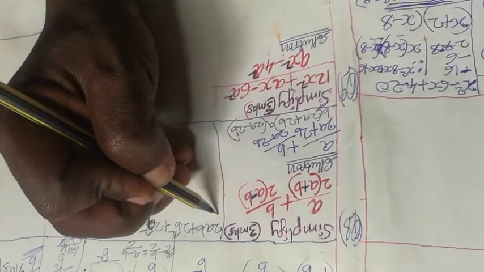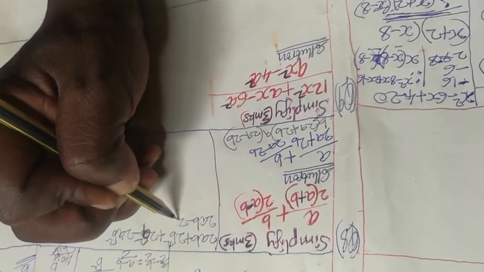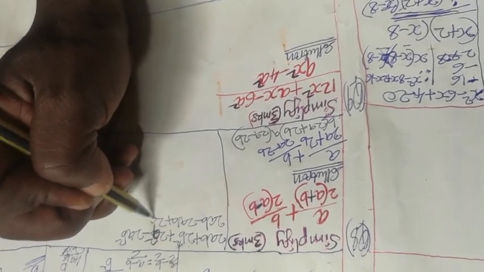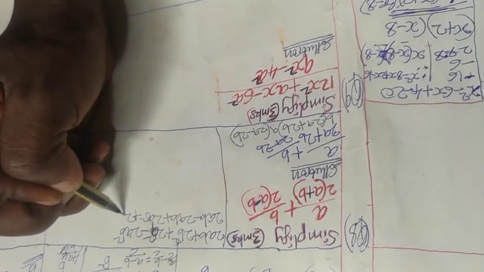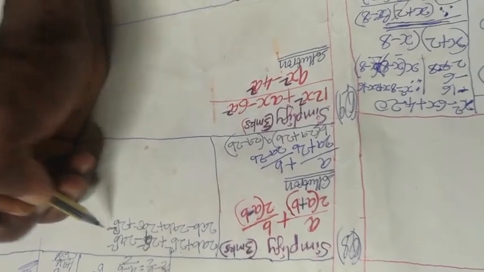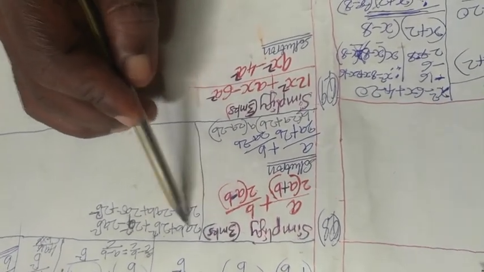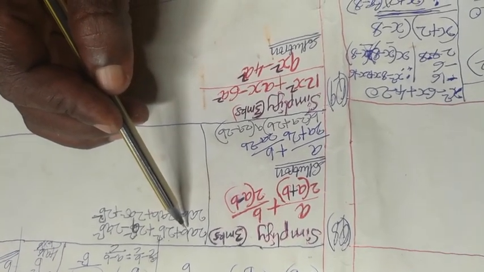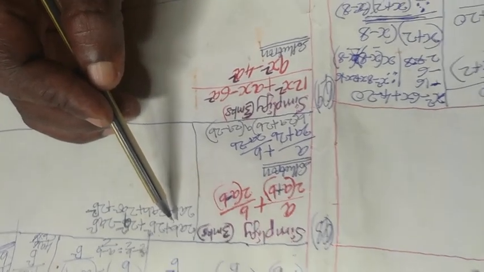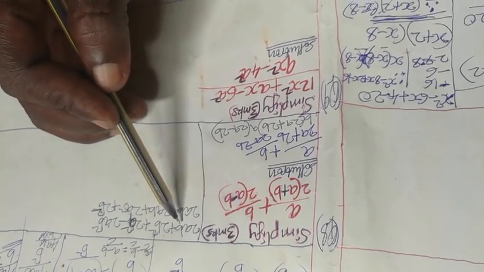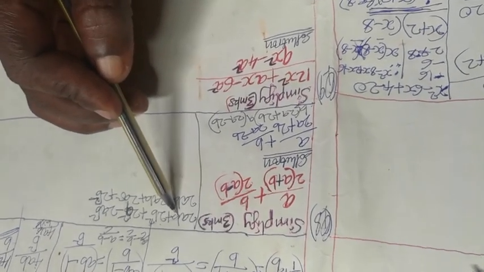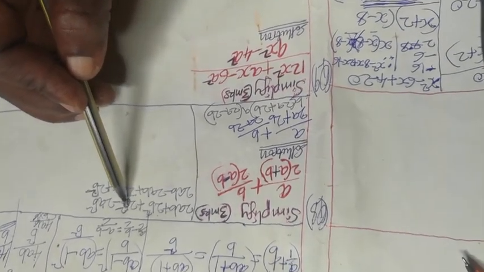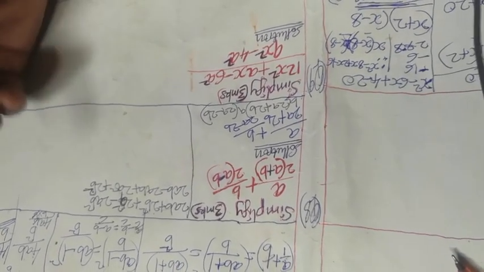This will give us 2ab minus 2ab plus 2a squared plus 2b squared. Yes, because 2ab and 2ab, there is another 2ab, minus 2ab.